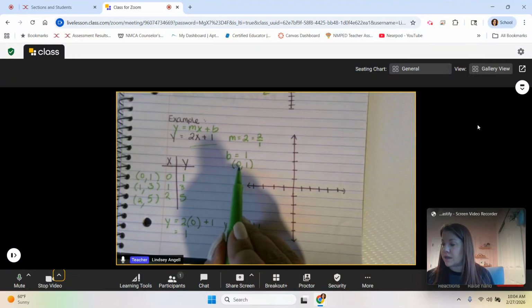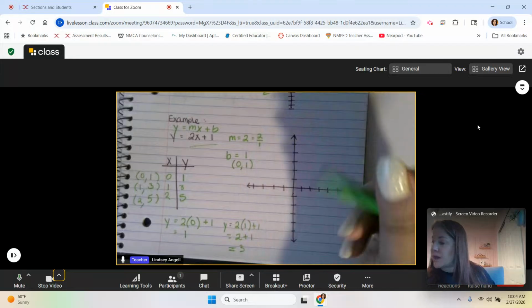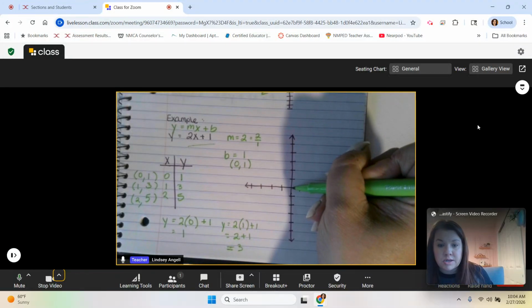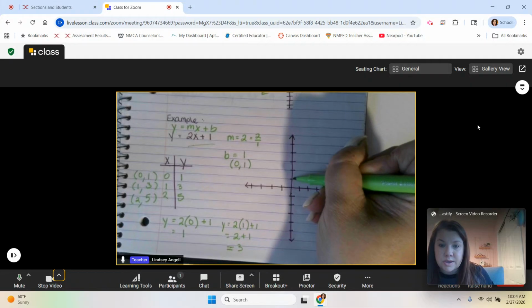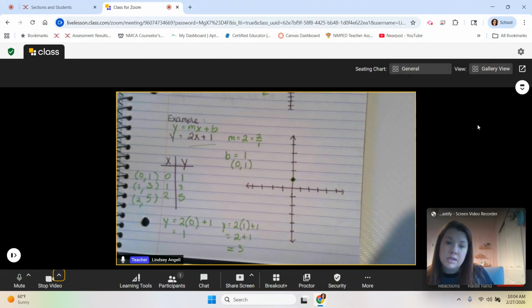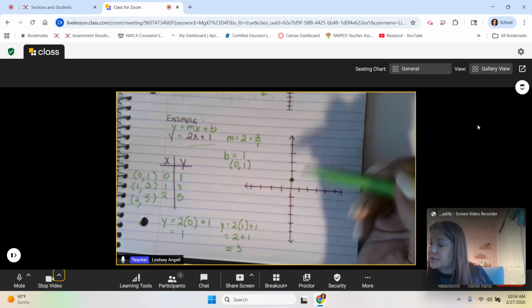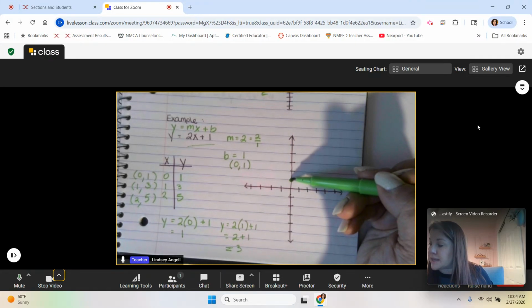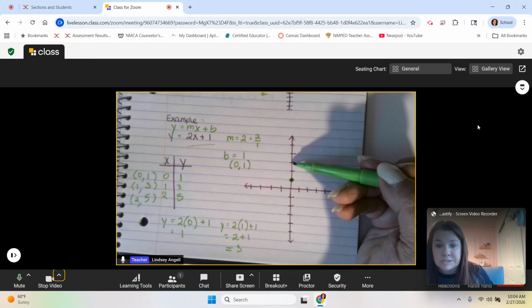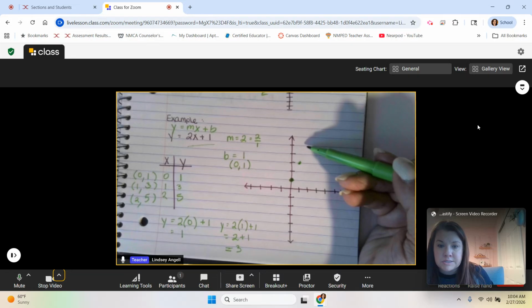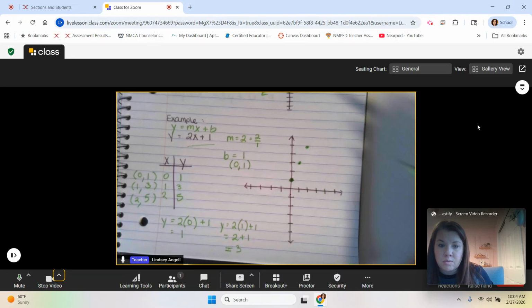Now, let's see here. With this, if I have 0, 1, well, starting at my origin, I'm already at 0 for my x, so I go up 1. There's my y-intercept. My slope is 2 over 1, so from my y-intercept, I can rise 2 and run 1, rise 2, run 1.